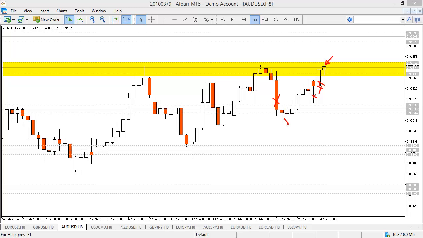Bobby, as a newbie, should I stick to one pair, but there is no setups for weeks? Should I move to another pair and look for a trade? I used to say stick to one pair. Back in 2007, 8, 9, 10, sticking to one pair was not very hard.